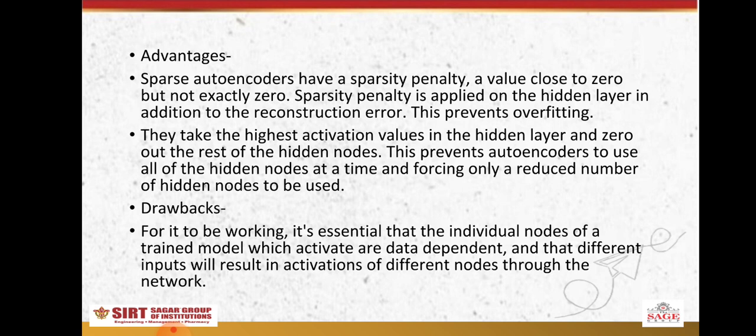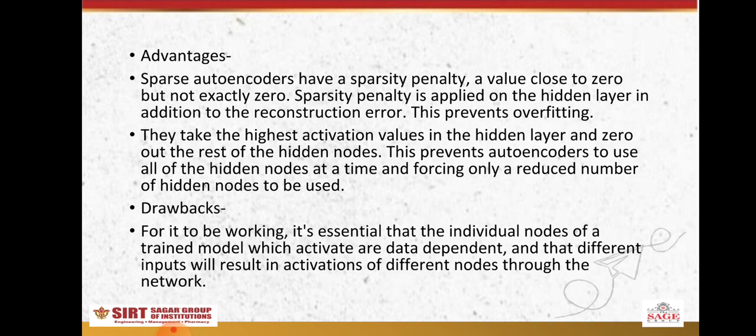Now, apart from advantages, it also has drawbacks. For it to work, it's essential that the individual nodes of a trained model which activate are data dependent, and that different inputs will result in activations of different nodes through the network. That means, from sparsity, what does it do?